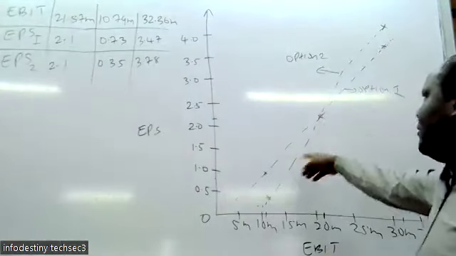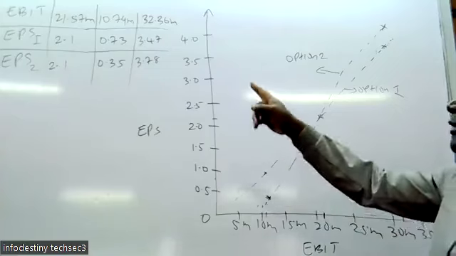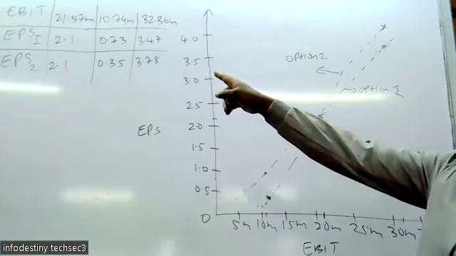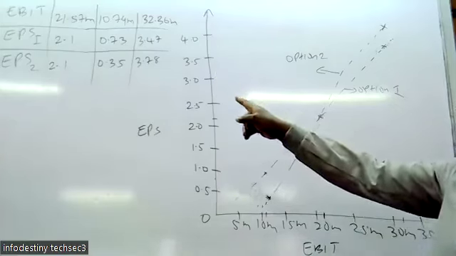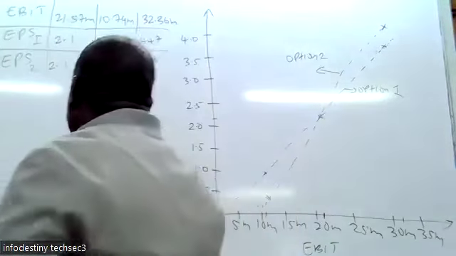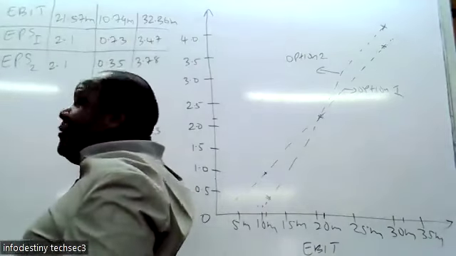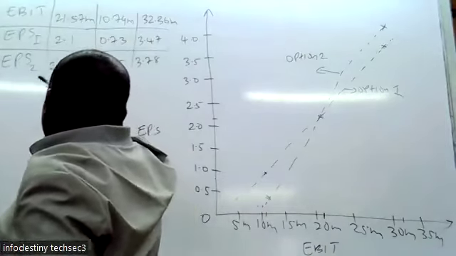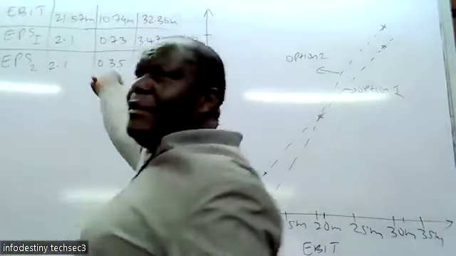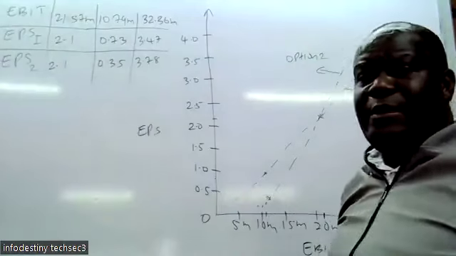From the point of indifference and below, the earnings per share for option 1 is higher than for option 2. But above the point of indifference, option 2 is higher than option 1. So we explain it on the basis of that.